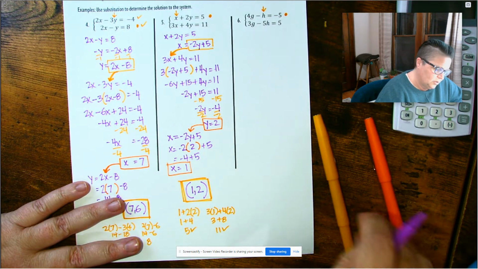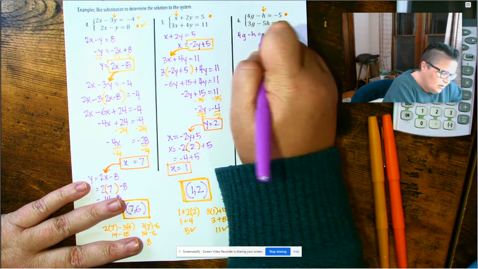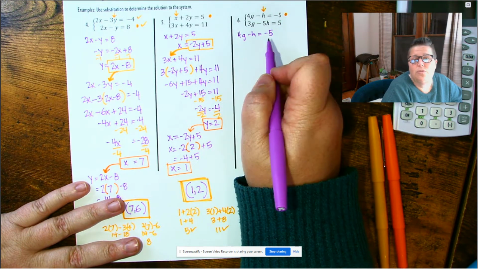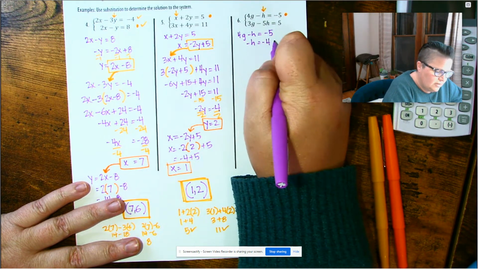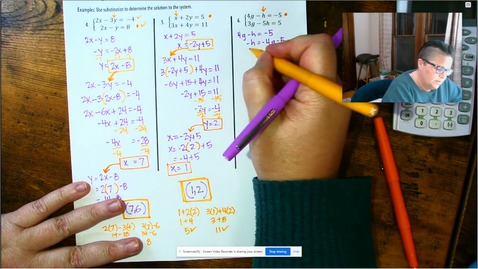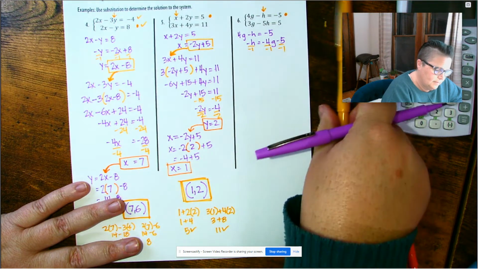All right, 4g minus h is equal to a negative 5. In order to solve this for h, I'm going to subtract 4g from both sides. So negative h is a negative 4g minus 5. In order to eliminate the negative, I'm going to divide each term by negative 1.